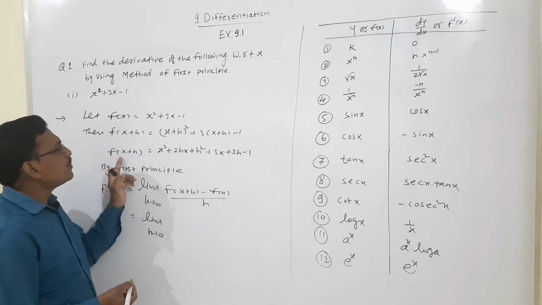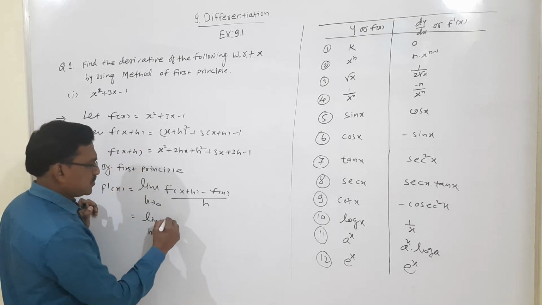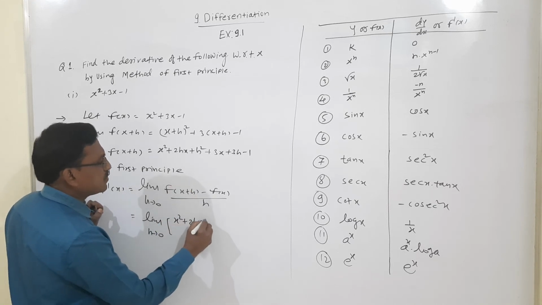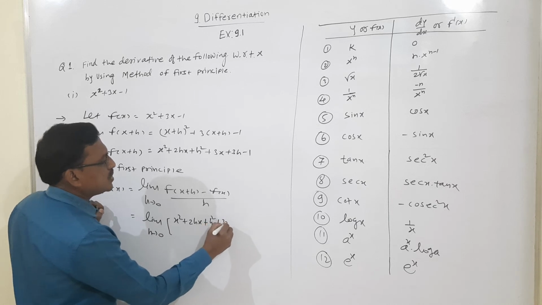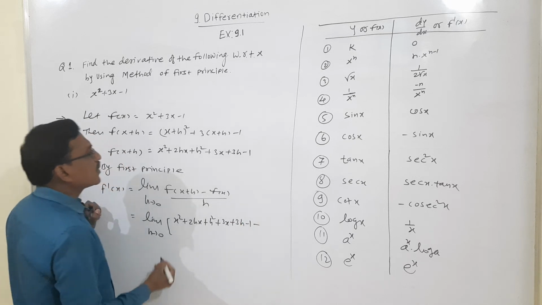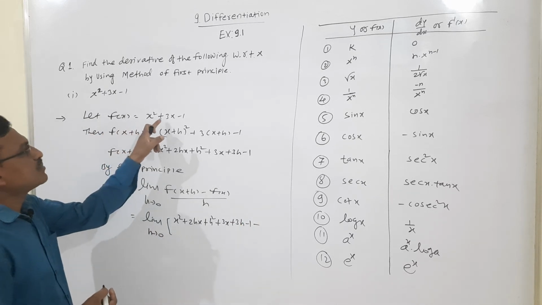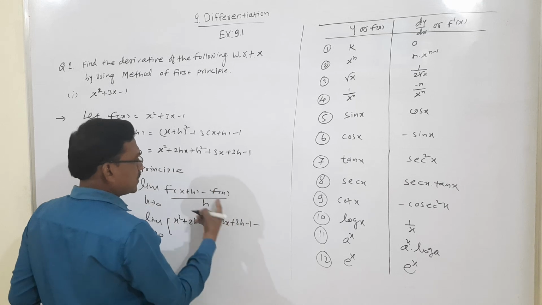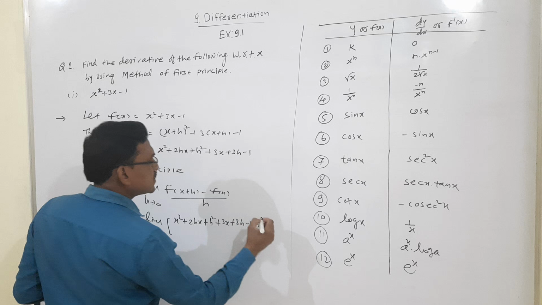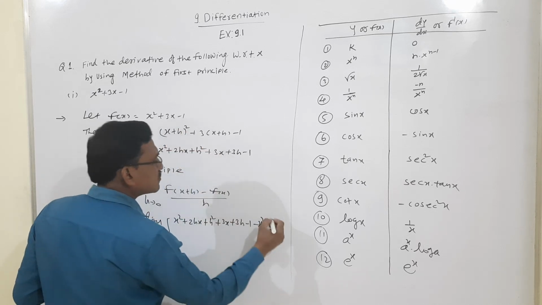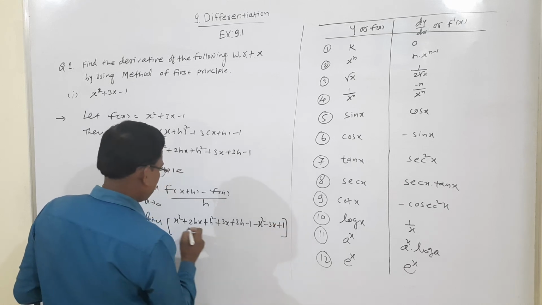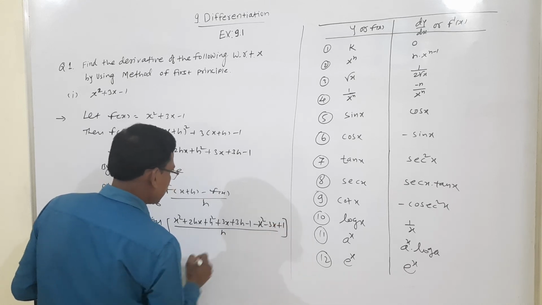The value of f of x plus h is x square plus 2hx plus h square plus 3x plus 3h minus 1, and then minus the value of f x, which is x square plus 3x. Due to this minus sign, the plus x square becomes minus x square, the plus 3x becomes minus 3x, and the minus 1 becomes plus 1, whole divided by h.